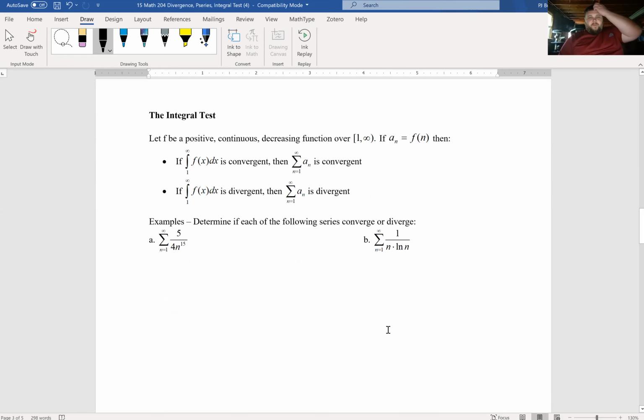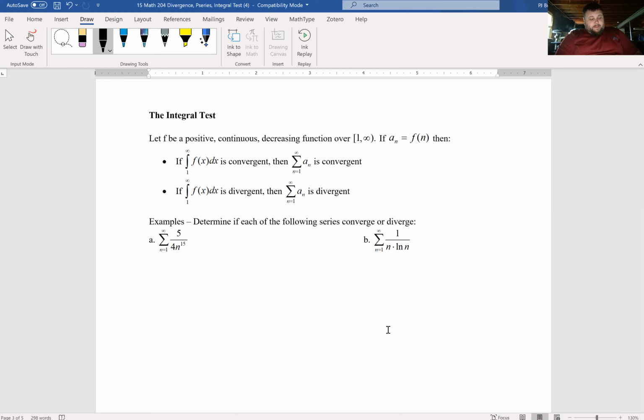The next test that we need to learn is the integral test. This is fairly straightforward as well in terms of when it converges and when it diverges. It says if the integral is convergent. So what does that really mean?